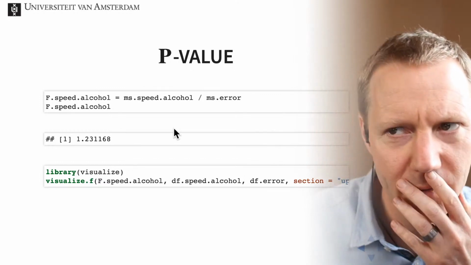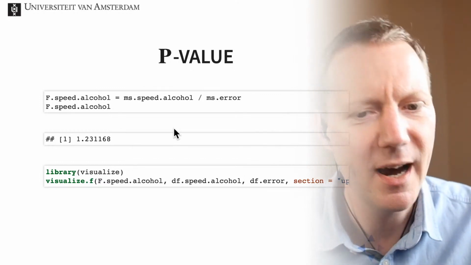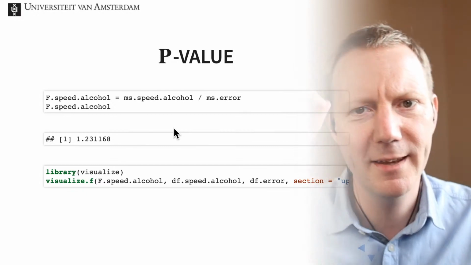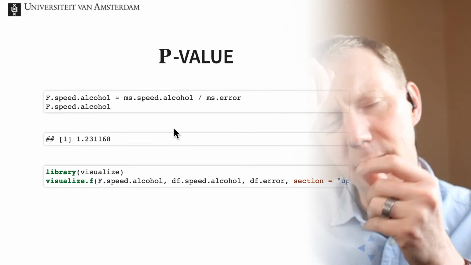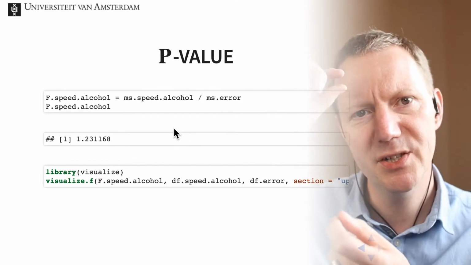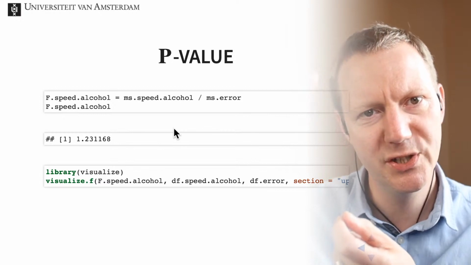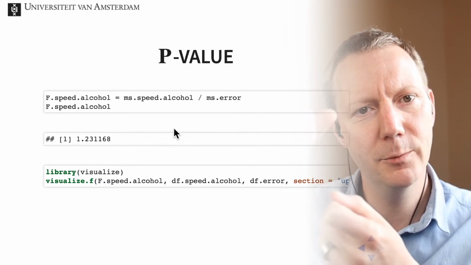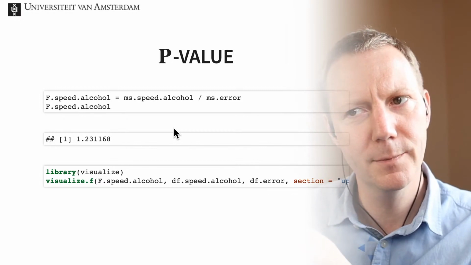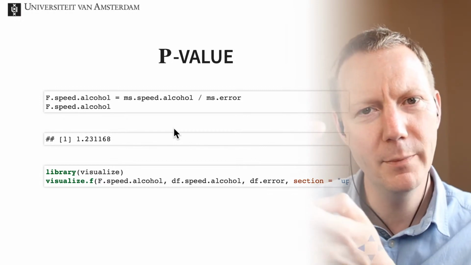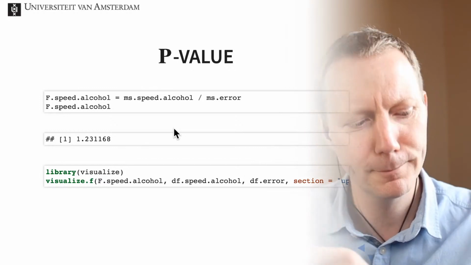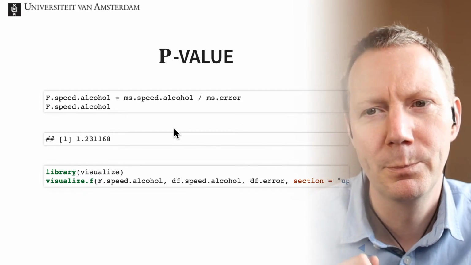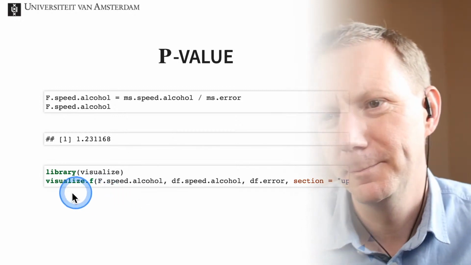Because you know the F value, the higher it is, the more signal to noise there is, but it's also good to understand that if it's a signal to noise ratio, then if there's as much signal as there is noise, then you end up with a ratio of 1, right? So that already makes clear that if it's close to 1, then there's probably nothing going on. But we're going to test it anyway.